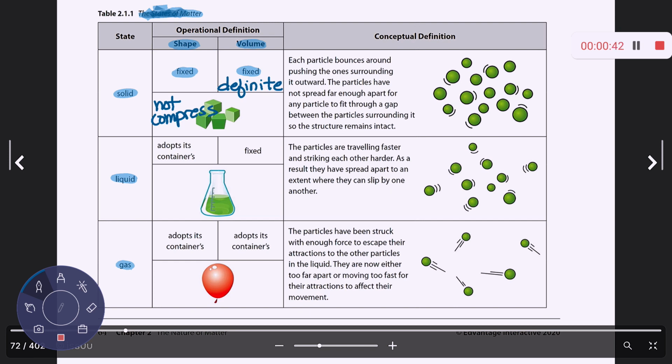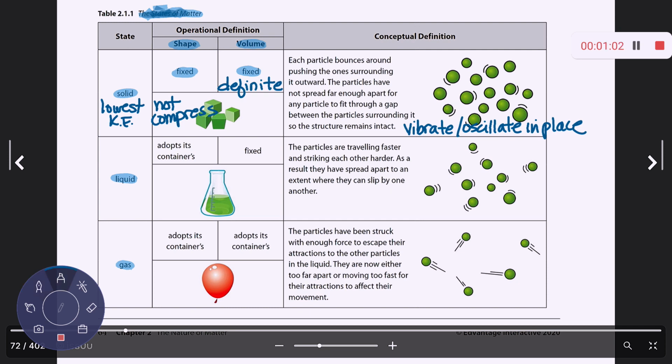In terms of motion, you will only have the particles vibrate or oscillate in place. Okay? And then solids tend to have the lowest kinetic energy.